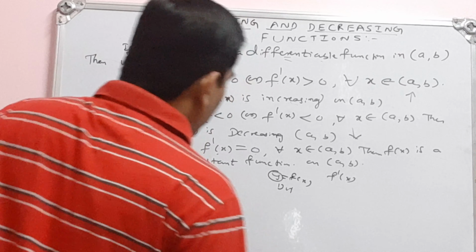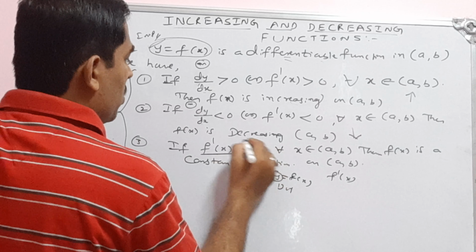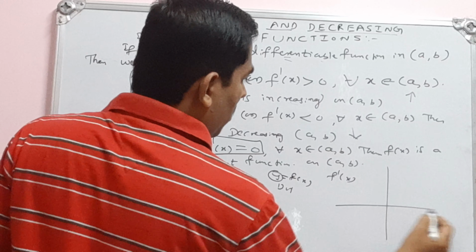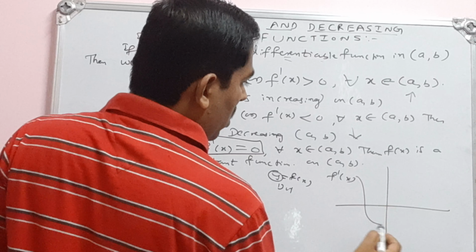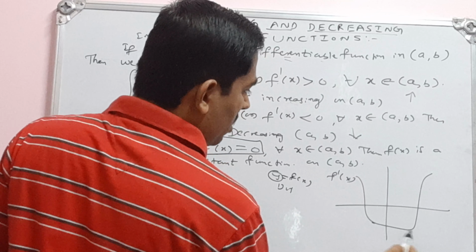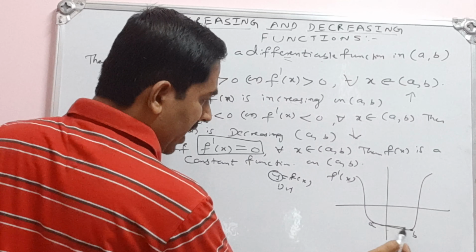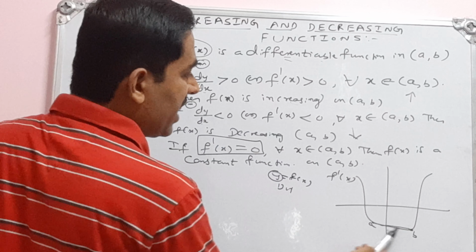Another important point is here. If f dash x is equal to 0, we have given one example here, from this point to this point, A to B. Here the function is neither increasing nor decreasing.